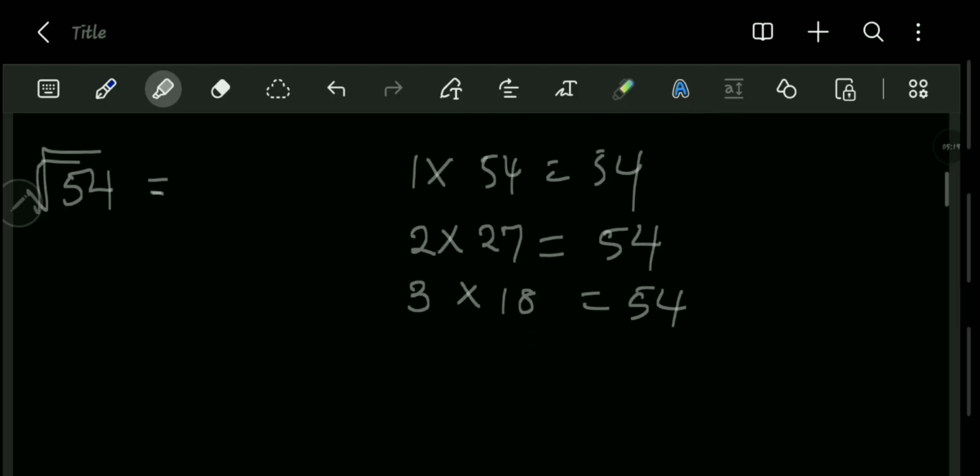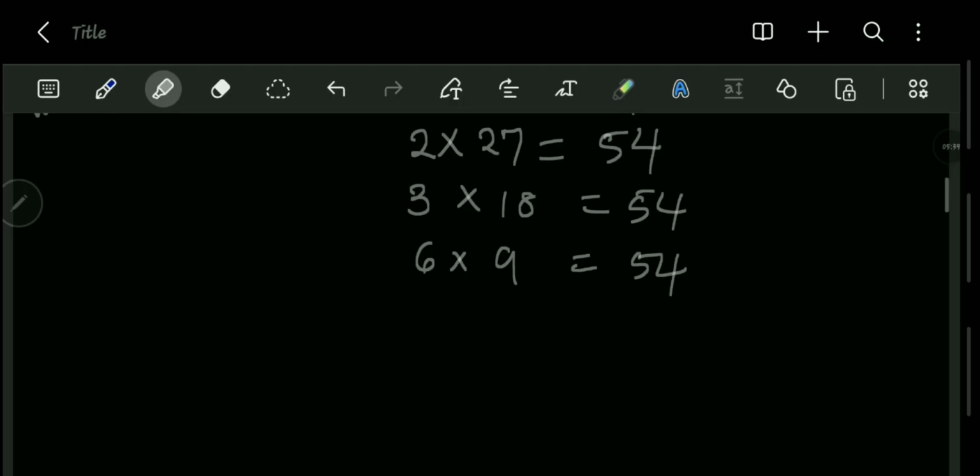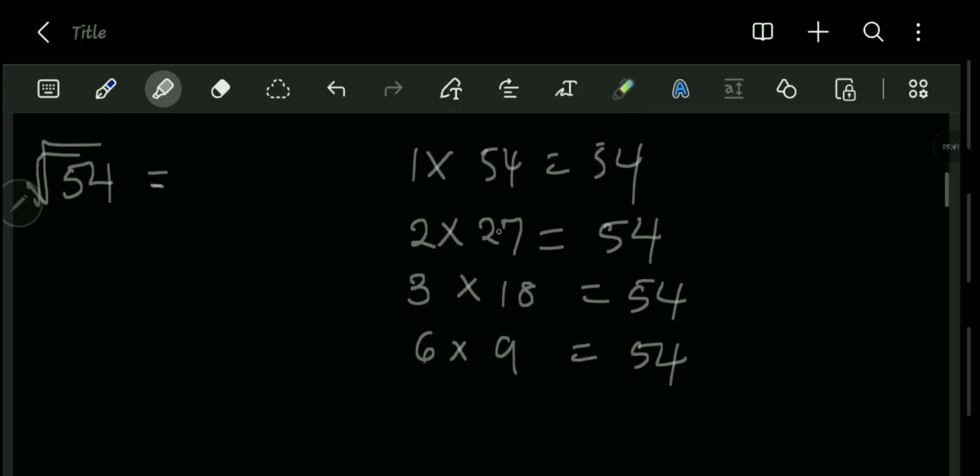I don't think 4 is a factor. 5 is not a factor. 6 is a factor, so 6 times 9 is 54 too.